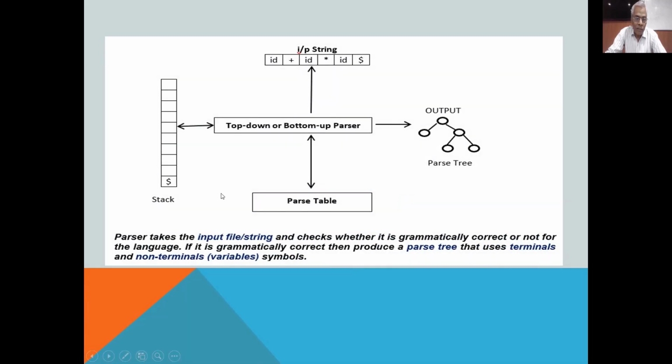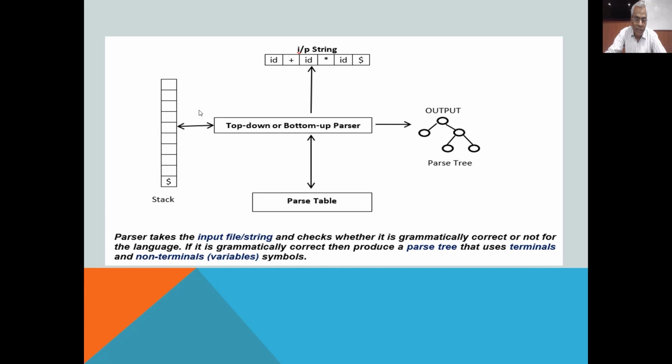In this figure, there are different components. First is the input string, which will be given to you. Then either a top down or bottom up parser. Then we create a stack to store the values, and from the first and follow we create a parse table.